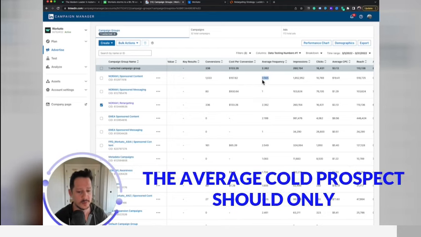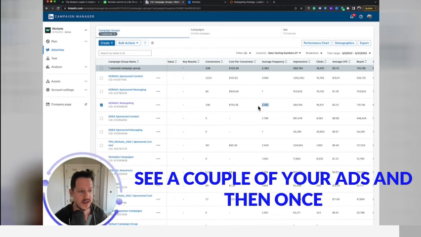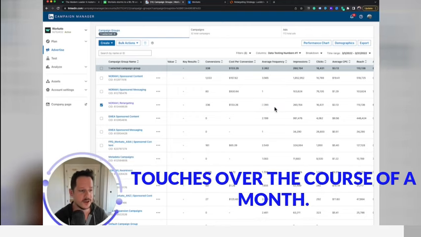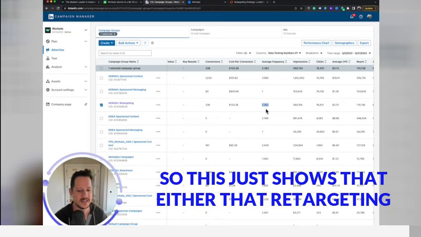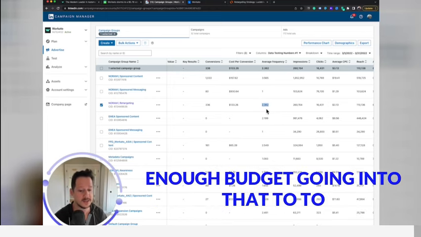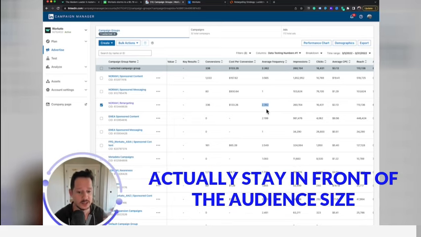The average cold prospect should only see a couple of your ads, and then once they make it into retargeting, it should be 15, 20, 30 touches over the course of a month. So this just shows that either that retargeting group is overly diluted, or we don't have enough budget going into that to actually stay in front of the audience size that we have.